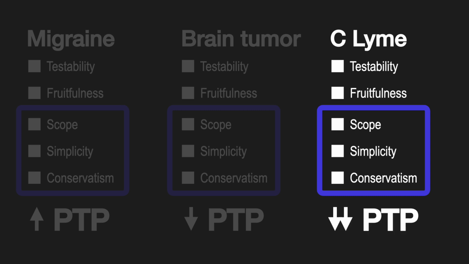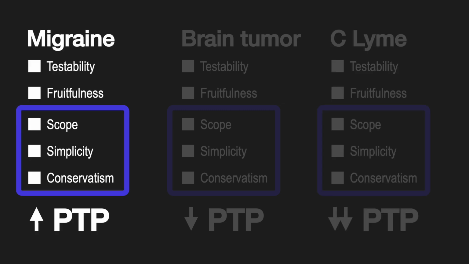With a very low pretest probability and the poor accuracy of Lyme tests from private labs, her test doesn't carry much weight. Chronic Lyme is a very unlikely explanation for her signs and symptoms. So migraine, so far, is our best explanation. But we shouldn't forget the others.